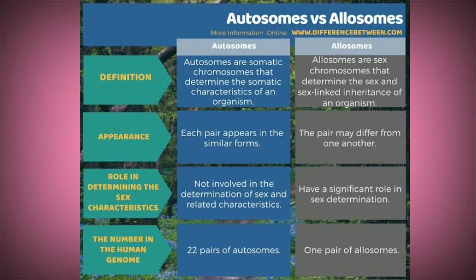These X and Y chromosomes were discovered by Henking and Stevens. Henking in the year 1891 discovered an X body in 50% of the sperms of the firefly, and the Y body was discovered by Stevens in 1902.